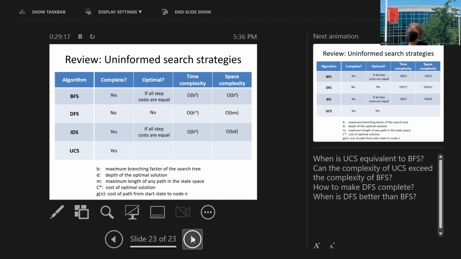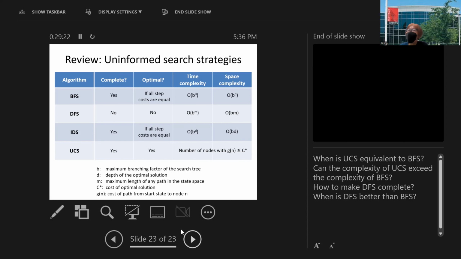And the uniform cost search, is it complete? Yes. Is it optimal? Yes. And the time and space complexity depend on the number of nodes. Okay, so here is the general idea about these 4 search strategies. Which strategy you should adopt depends on the problem and on what your goal is.